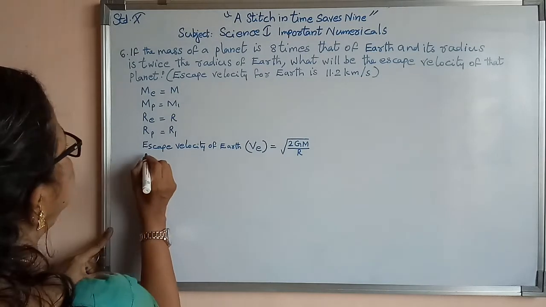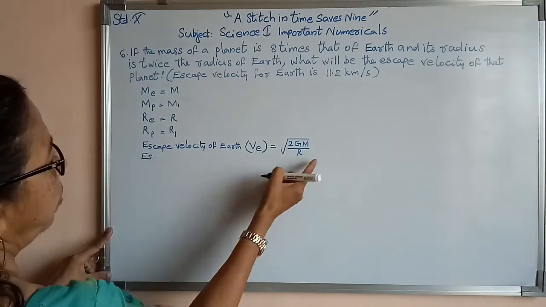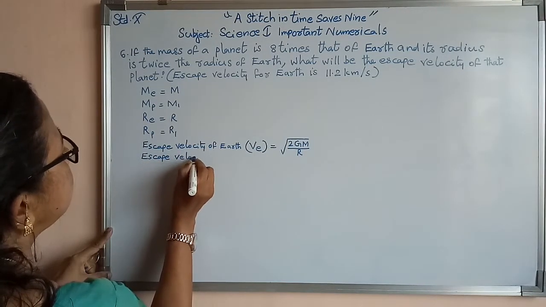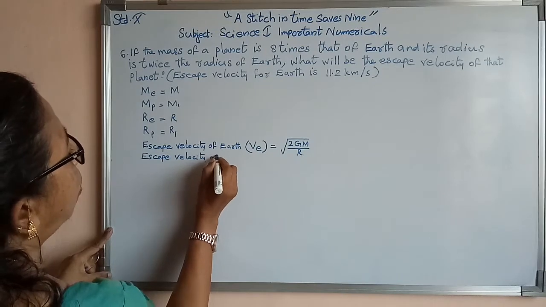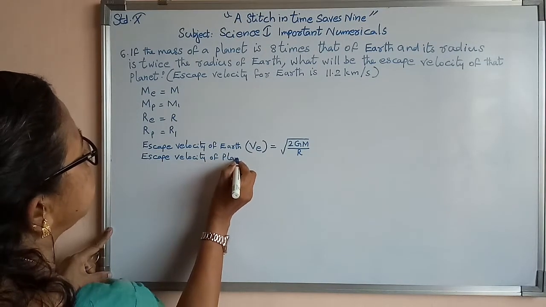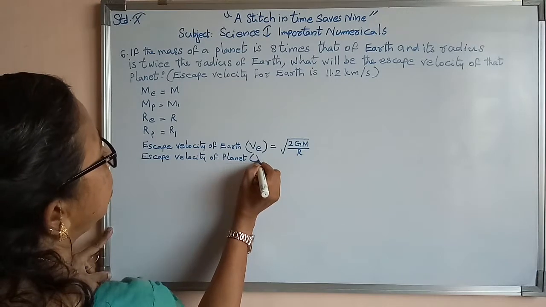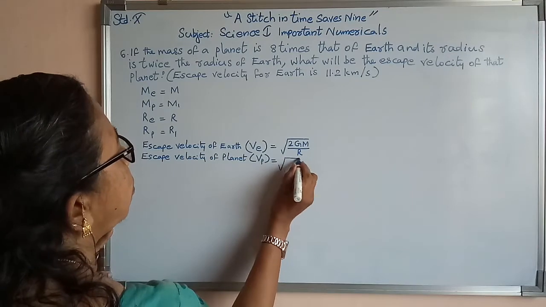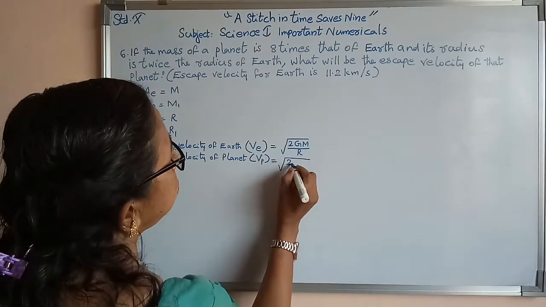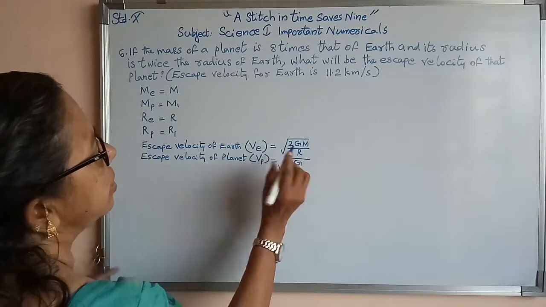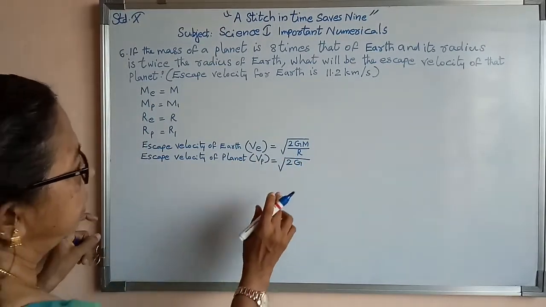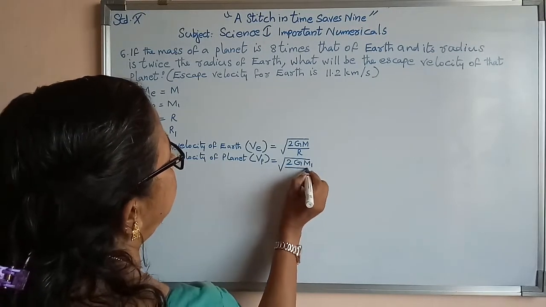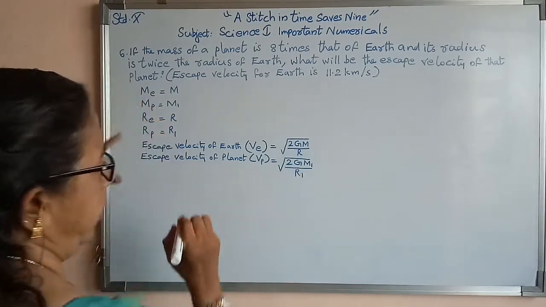Now, escape velocity of planet. From this only we can write escape velocity of planet as Vp, that is equal to square root of 2GM1 upon R1.